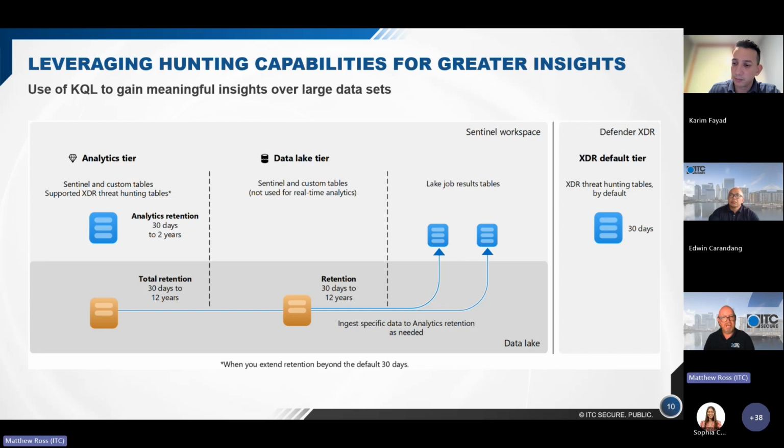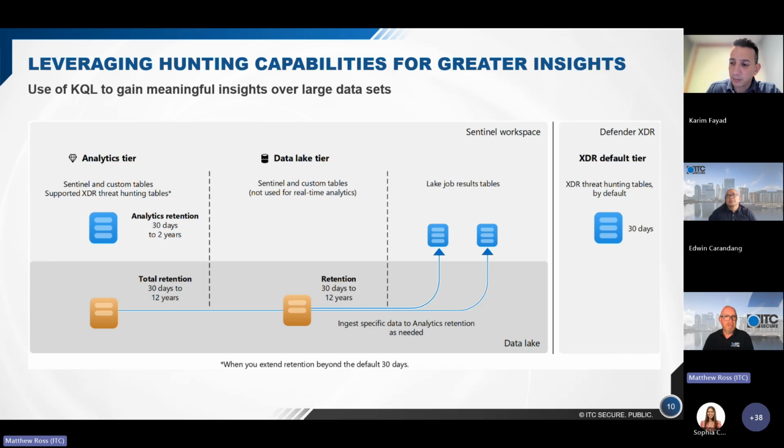And for those familiar with auxiliary and archive tier, you will now see those build as Sentinel Data Lake once you've enabled Data Lake in your environment. So I'll talk through this diagram. It's something I pulled from the Microsoft documentation, and I'll work from left to right.